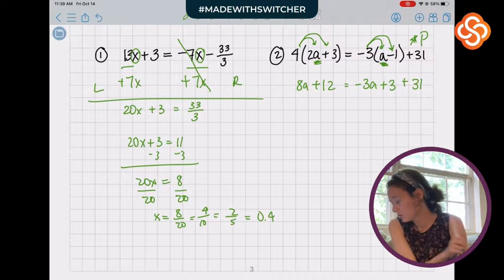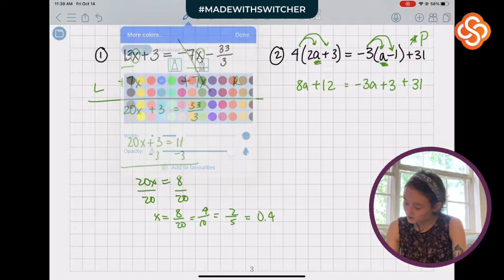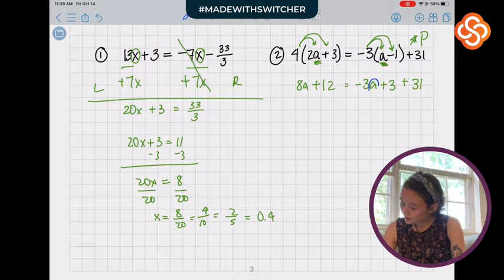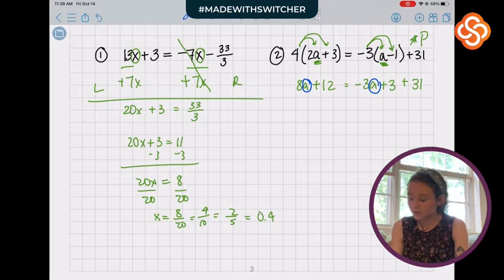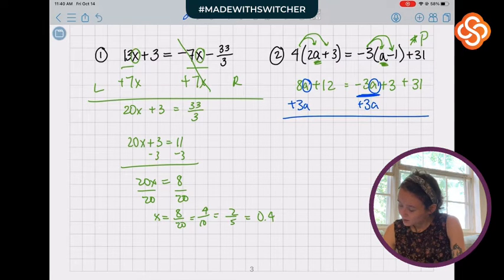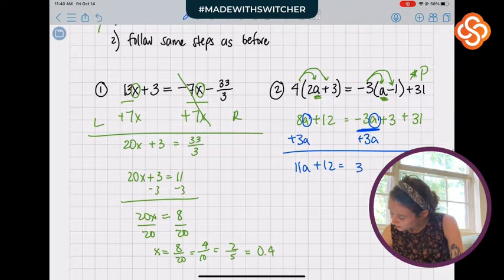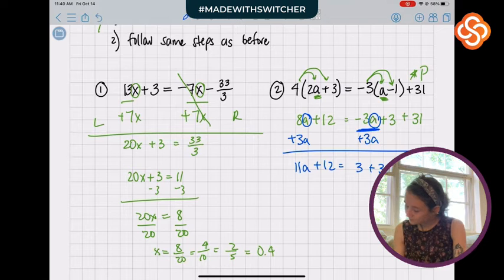I can do whatever I want to do next. Okay, many options. Let's go ahead and worry about the a's and put them together just like we did over here. Again, I'm going to put them on the left. That's going to be easier, but like whatever you want. So what is the opposite of a minus 3a? So that's going to be 11a plus 12, and then 3 plus 31 is left.